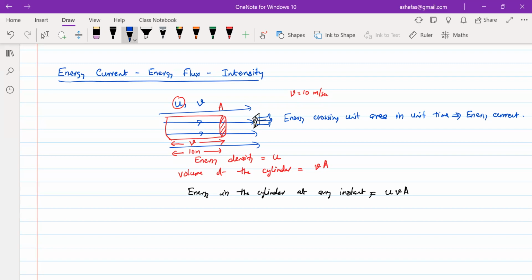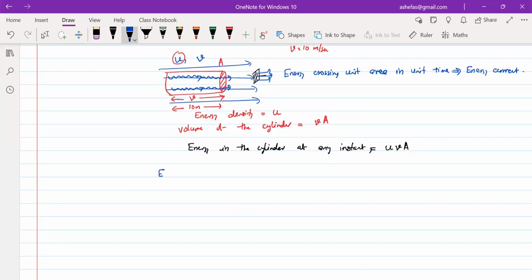So all the wave inside the cylinder must pass through this shaded region in unit time. Therefore, the energy crossing this shaded area in unit time equals the energy inside the cylinder.